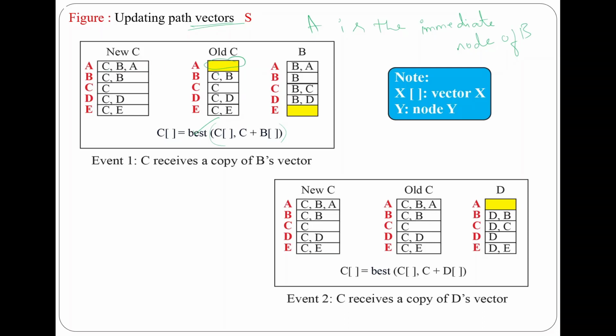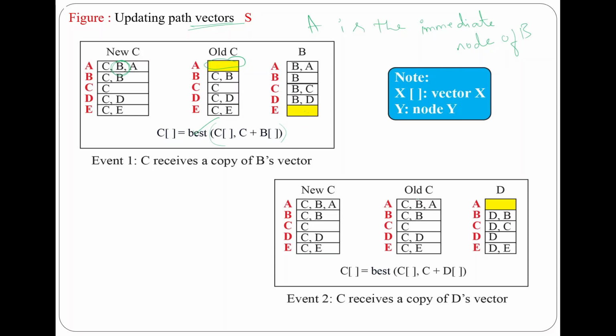In that way, every time the empty fields in the table will be updated with non-immediate nodes also, which we call intermediate nodes. Whenever we want to move from A to C, with the help of the intermediate node B, we can make that field CBA.